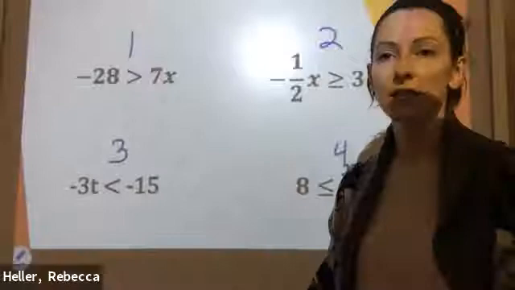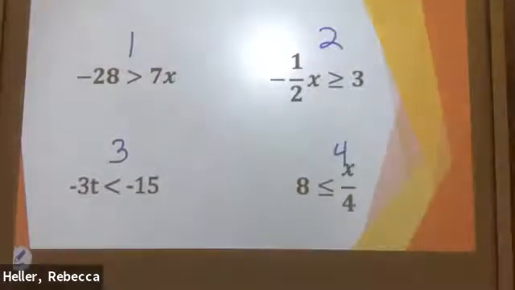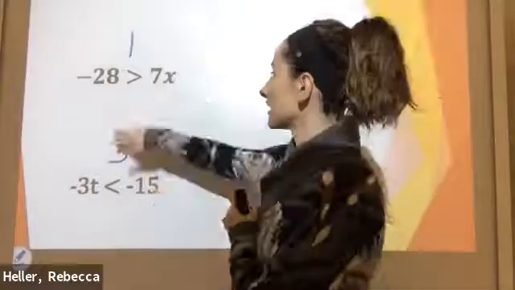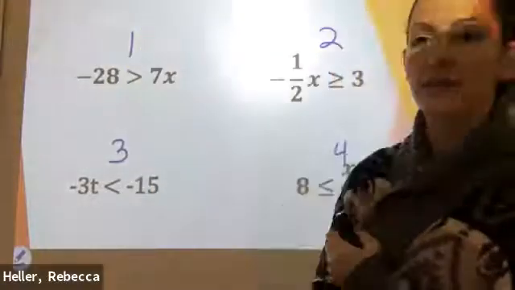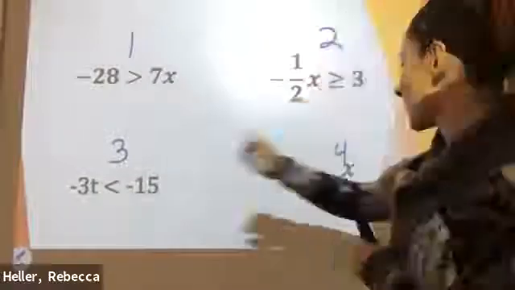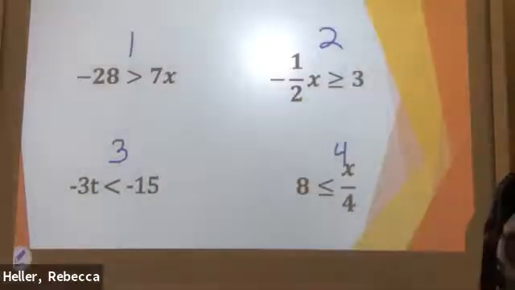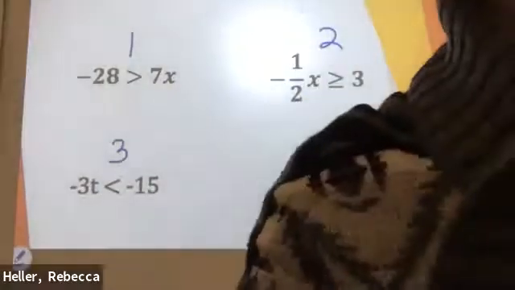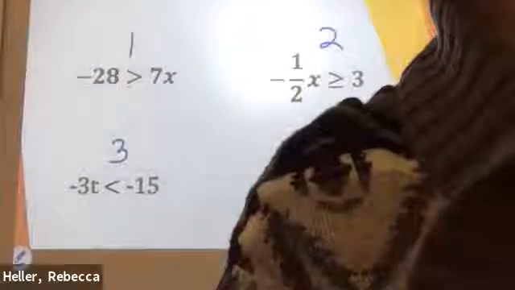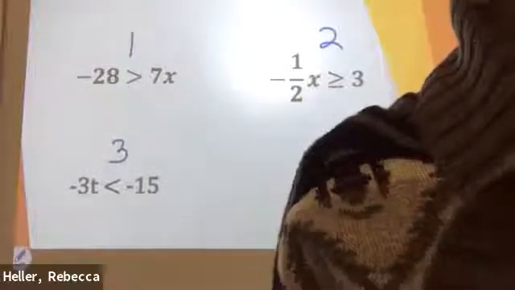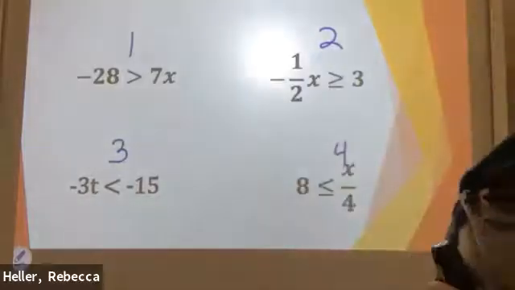Which ones would you have to flip? I won't even tell you how many correct answers there are. So which ones would I have to flip because of multiplying or dividing by a negative? See if you guys can figure it out. Jaden, direct message privately to me in the chat, not to everybody.